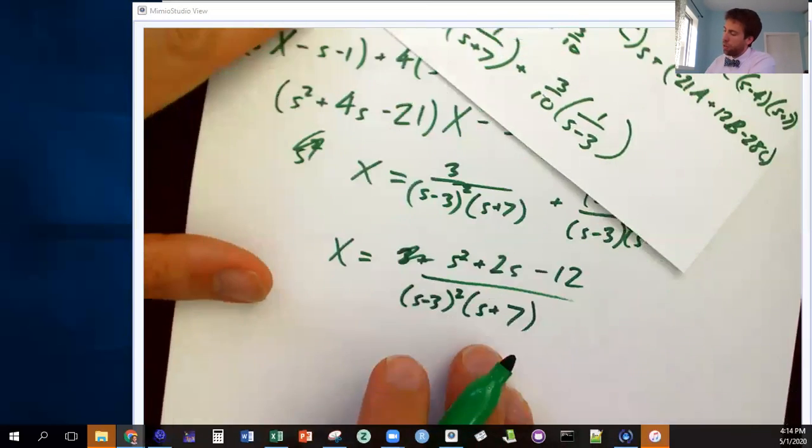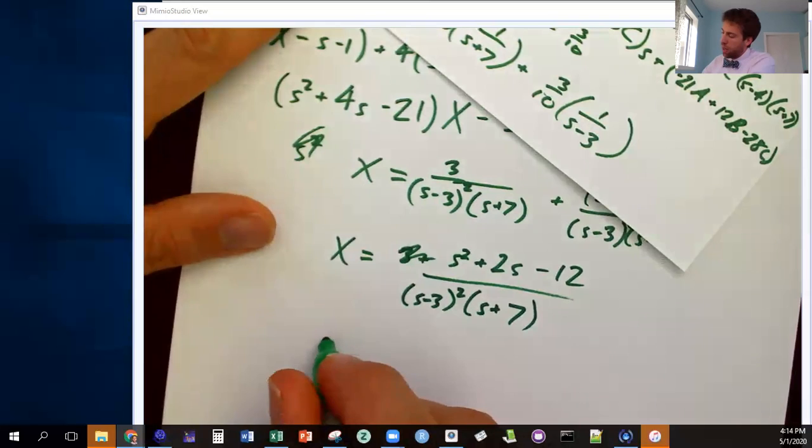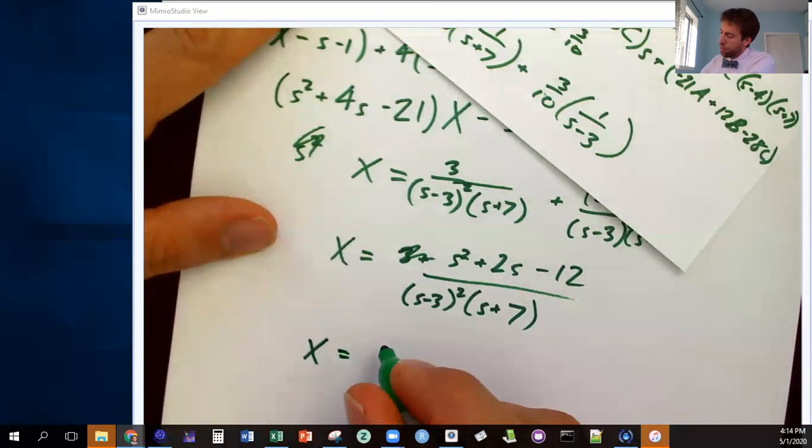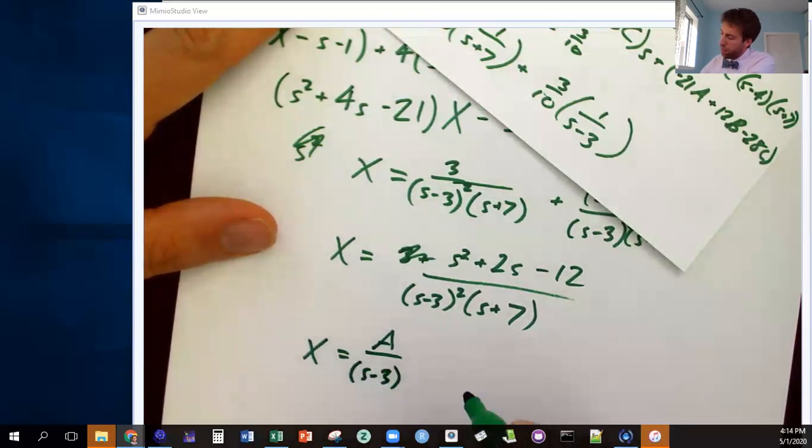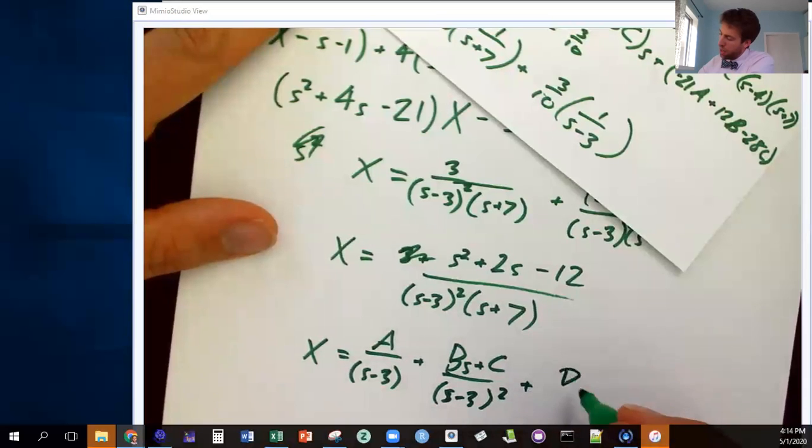Okay, so that means that X equals A over s minus 3, plus Bs plus C over s minus 3 squared, plus D over s plus 7.